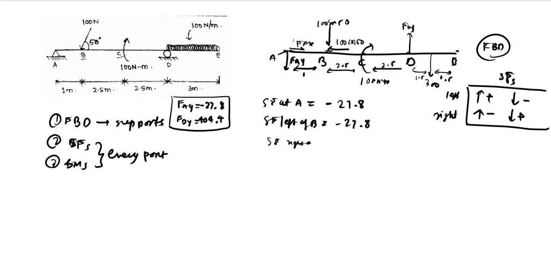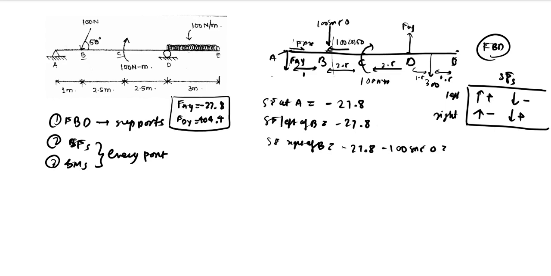Shear force just right of B. Again, we are considering force on the left only, so upward forces will be positive and downward forces will be negative. Let us say you have crossed B, right of B. There are two forces: FAY, which is minus 27.8 because it is in the downward direction, and also 100 sine 50 in the downward direction.